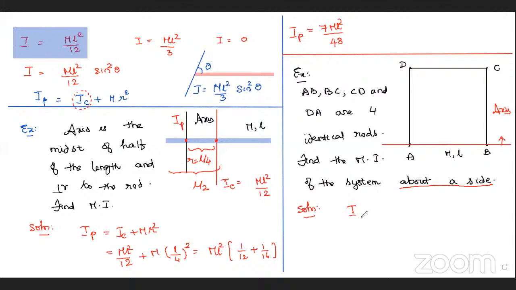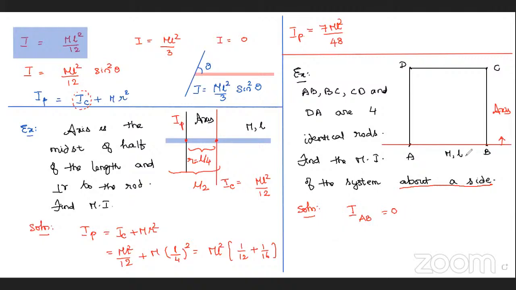AB. Why? Because this is exactly passing through its length and parallel to its length. I_AB equals 0.